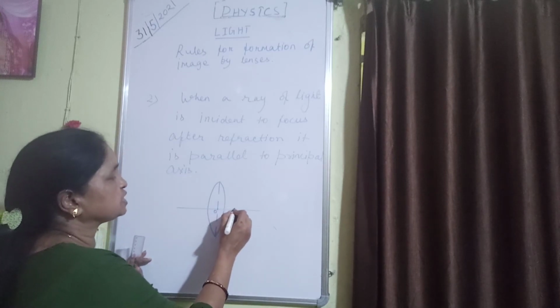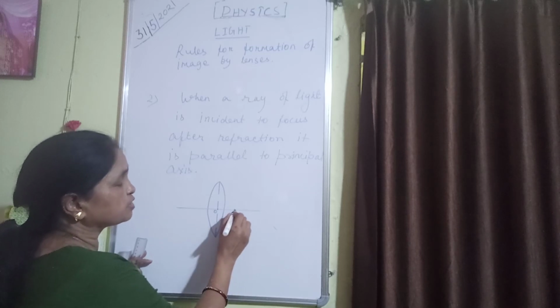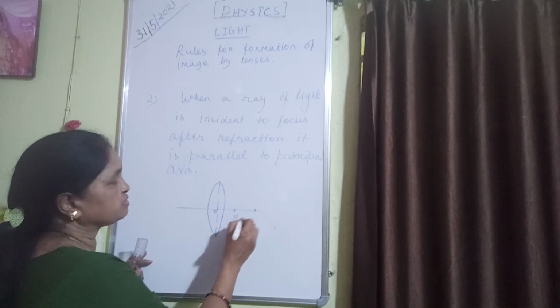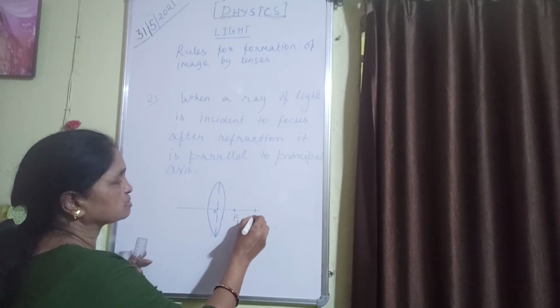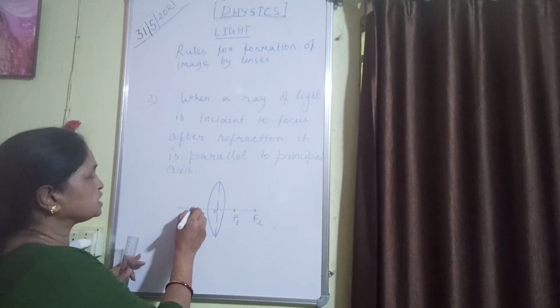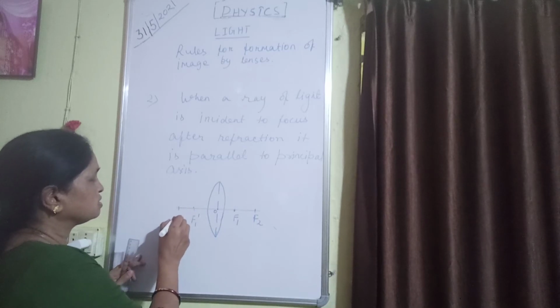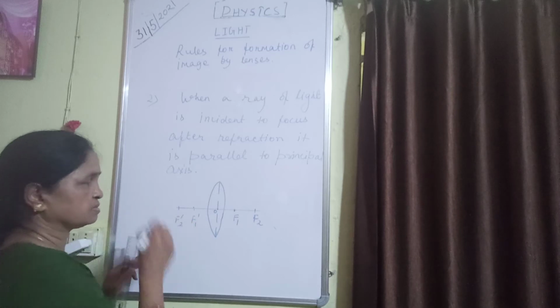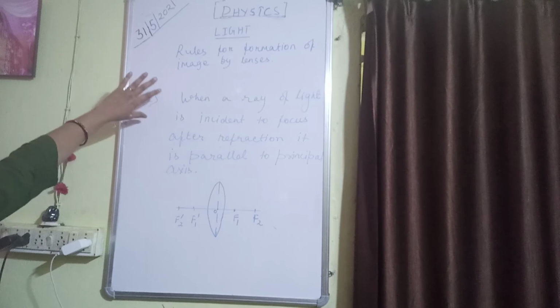Suppose I have taken 2 cm, it is here. So this is one of the focus points, and from focus to center of curvature, F1, F2. Similarly on the opposite side, F1 dash, F2 dash. Finished? Now let's see what the rule is saying.